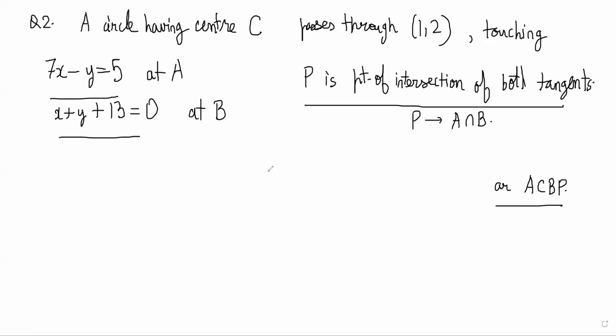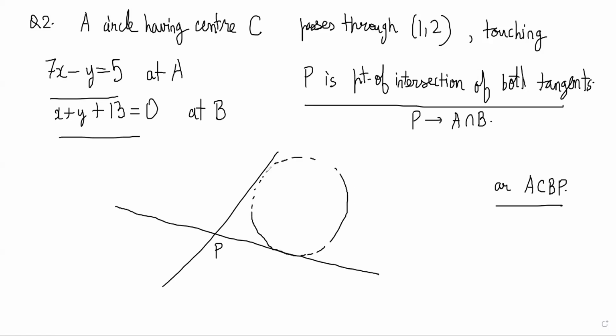So obviously, if you have two lines and this is the point of intersection P, you can have a bigger circle and a smaller circle. The circle could be centered here or centered here. Both are possible.